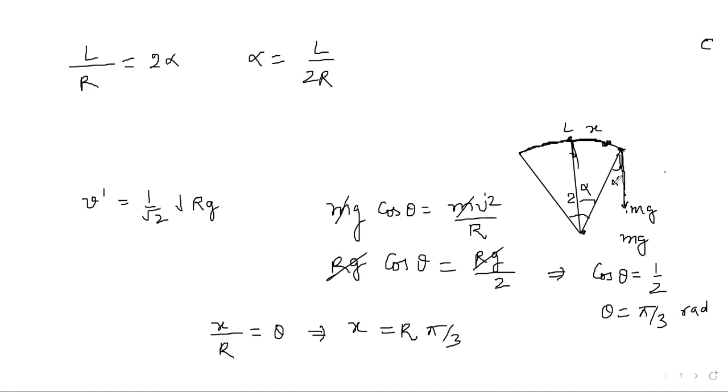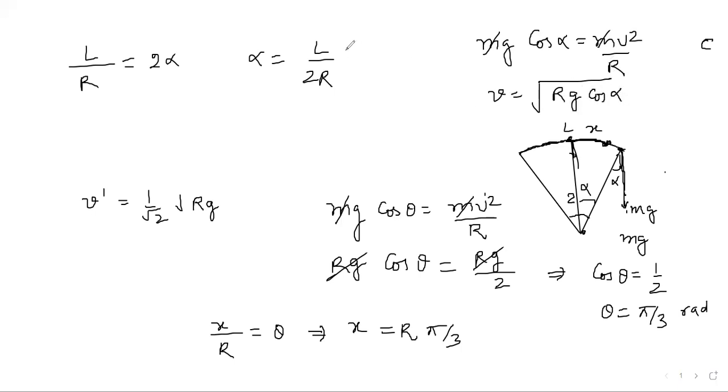In this situation, we can say mg cos alpha must be equal to mv square upon R. Now m will cancel out, and our purpose is to get velocity. So v will be equal to square root of rg cos alpha, where alpha is this much. So we can put this value here. So v equals square root of rg cos of L by 2r, and that is our answer.